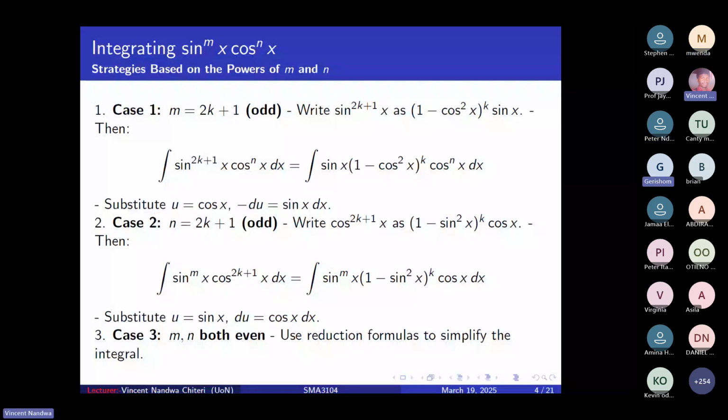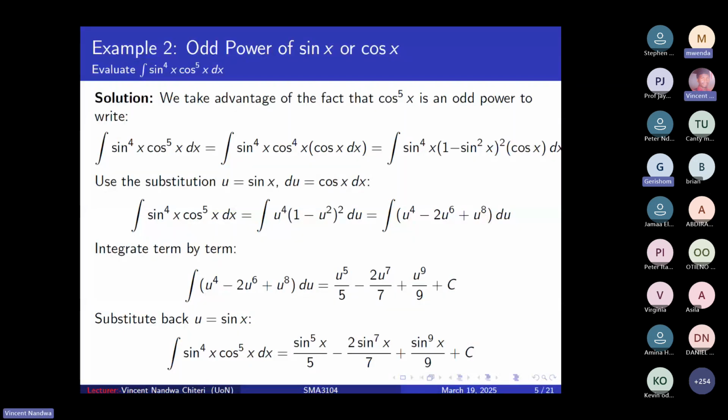So now we consider the integral of sine power 4x times cos power 5x dx. We see that one of the powers is an odd number. The power of cosine is odd, which means that will be our reference function to help us transform the integrand into a solvable form.